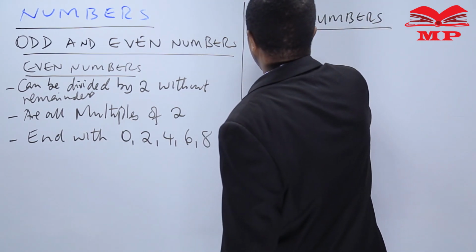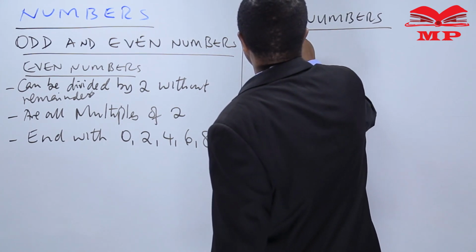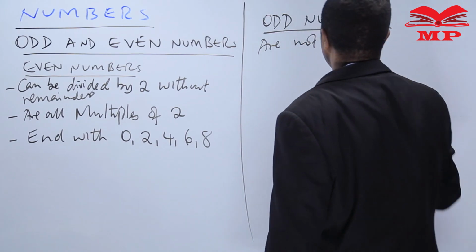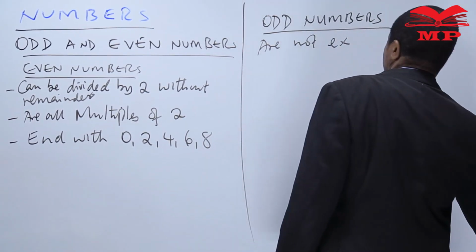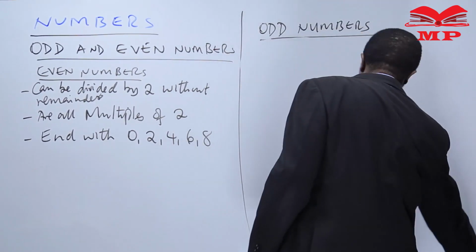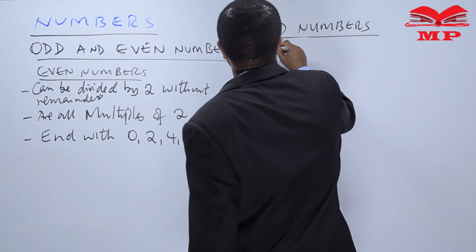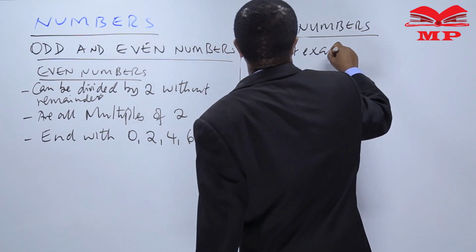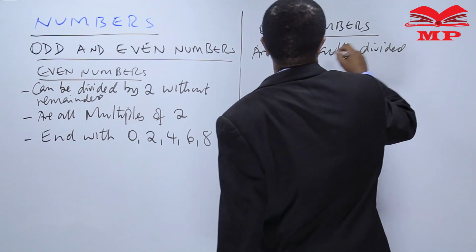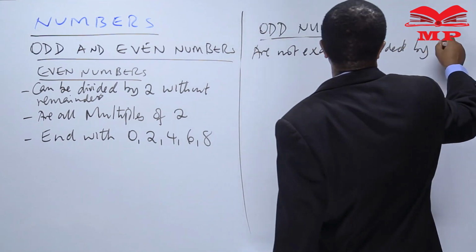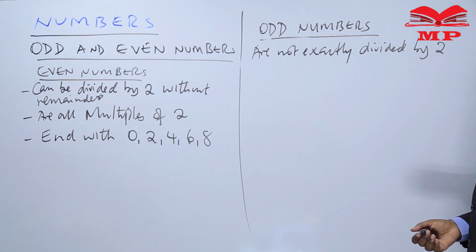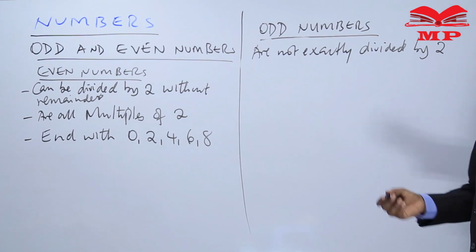And we say that odd numbers are numbers that are not exactly divided by 2. Okay, you cannot divide these numbers by 2 exactly.